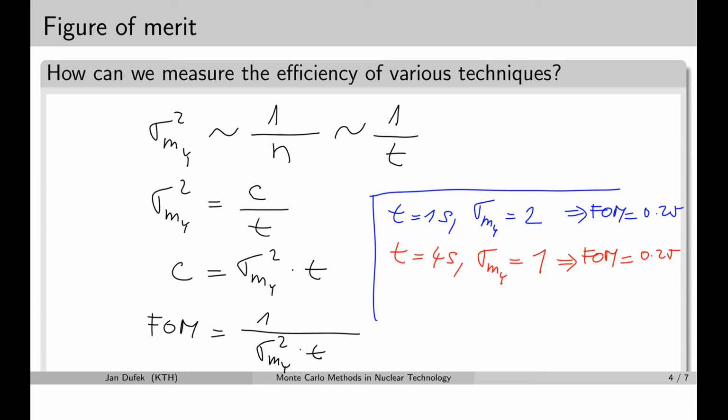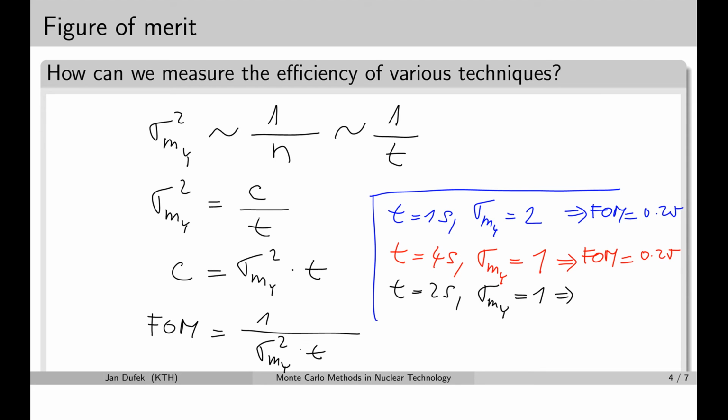Let's assume a more optimistic case when the variance reduction technique is more efficient. So to achieve the same precision, it doesn't take 4 seconds but only 2 seconds, and it achieves the standard deviation of the mean value in the result of 1.